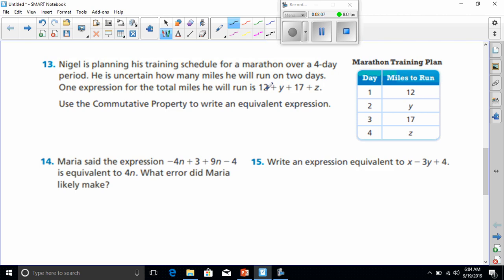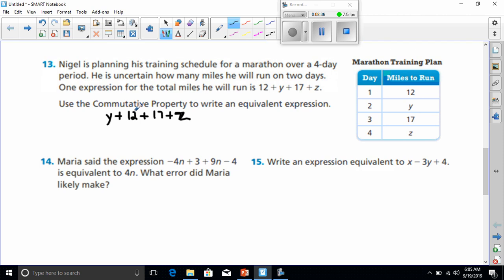So I could rewrite this simply as y plus 12 plus 17 plus z. I'm going to go a step further. Since I've got 12 and 17 together, oh, I'm sorry, this was z.